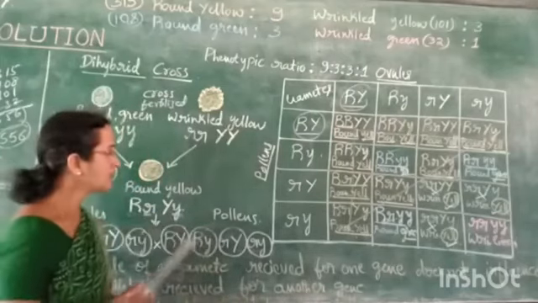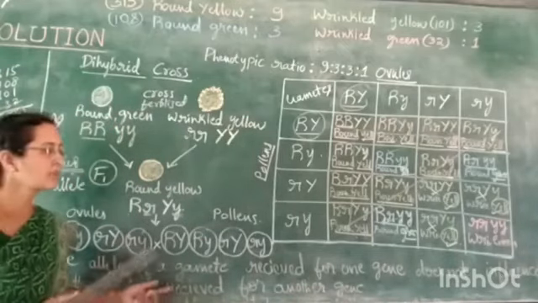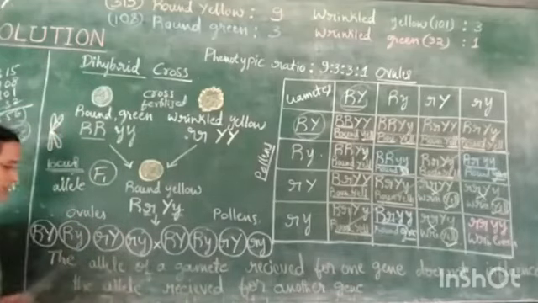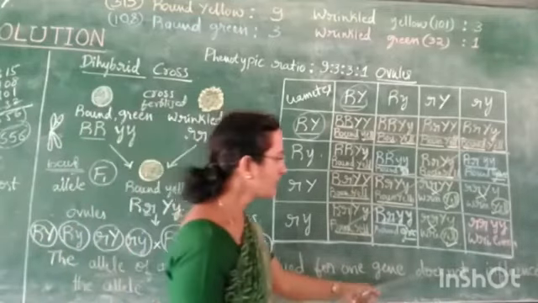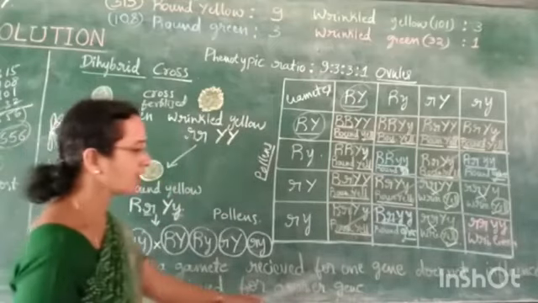In this experiment he stated another law, the law of independent assortment. So what is that law? The allele of a gamete received for one gene does not influence the allele received for another gene.